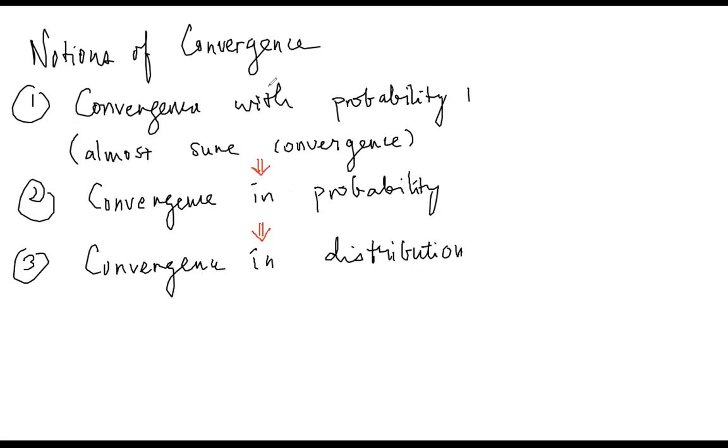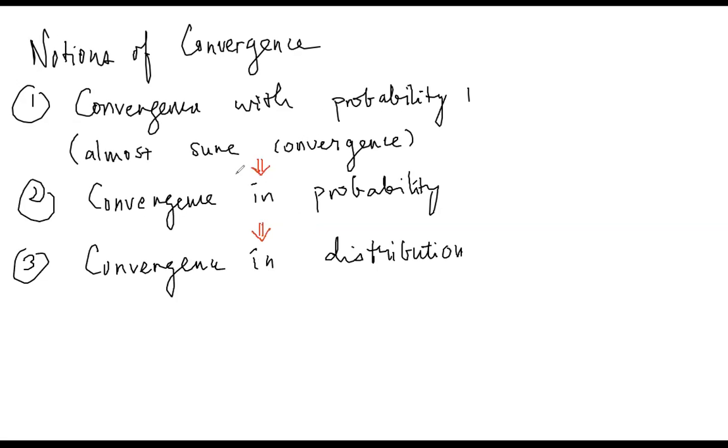However, the converse is not true. So you note the direction of the implication. Yeah. Okay. So convergence with probability 1 will imply the other 2 convergence modes, but the converse is not true, right? You cannot go backwards. If you have convergence in distribution, it does not mean that you have convergence in probability or convergence with probability 1.